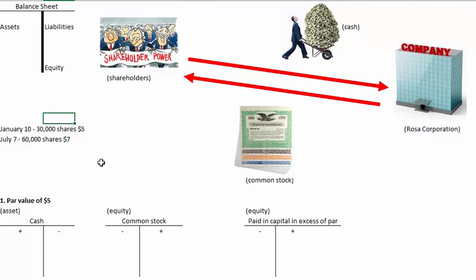If we're getting cash, our cash is logically going to increase, and the equity that we have issued, the amount of ownership we have in the organization, increases as well. So common stock is equity, that's this side of the balance sheet, goes up, and paid in capital in excess of par, which is also equity. These two combine into the equity account. They both represent the ownership interest of the organization. They increase. So now we need to figure out by how much each of these accounts increase.